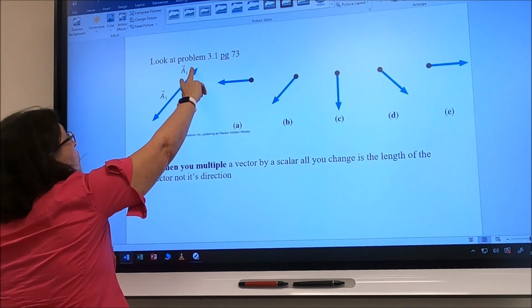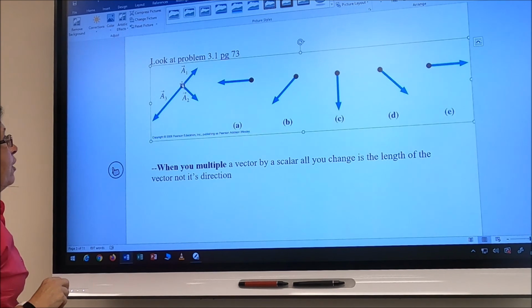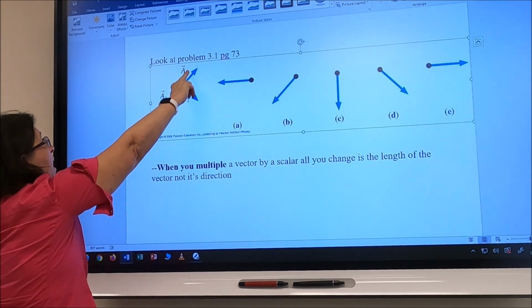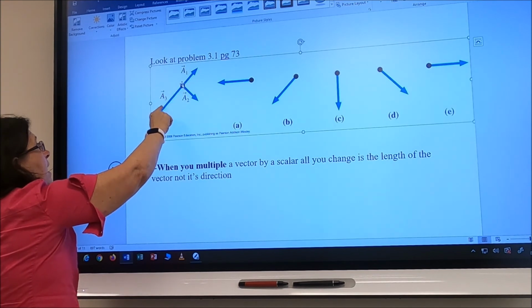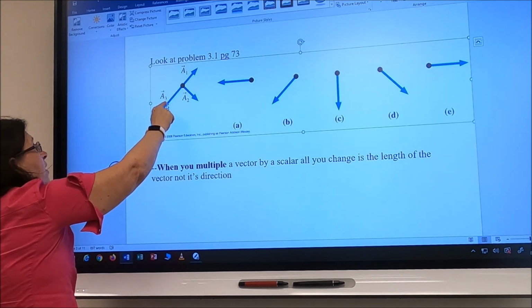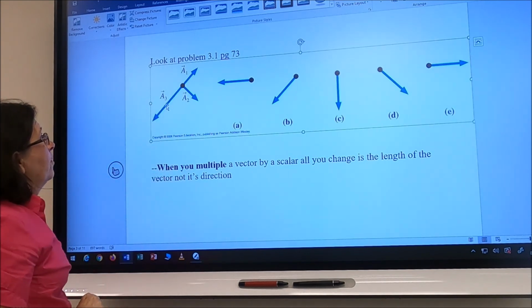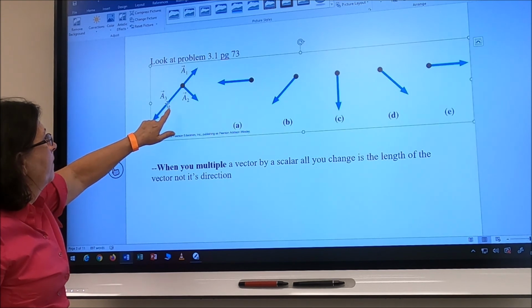Now guys, if you look at adding vector A1 and A3, if I take A1 and I slide it down to the tip of A3, I get a sum vector that only points down to about there. Actually, that's probably a little far. Probably needs to be right about there.